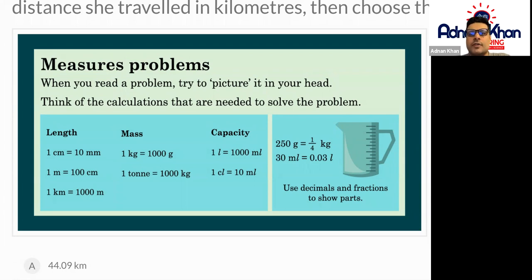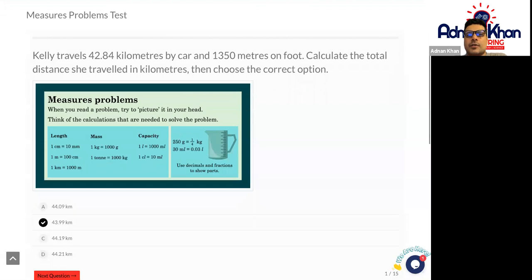Let's have a look at the first example in front of us here. So Kelly travels 42.84 kilometers by car and 1,350 meters on foot. Calculate the total distance she traveled in kilometers. Okay, so this is how I would personally do this.